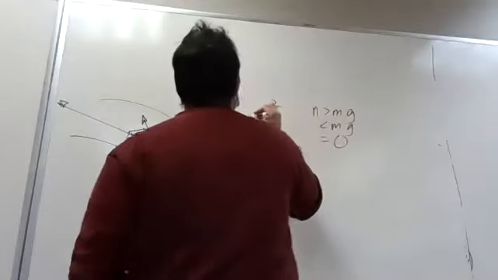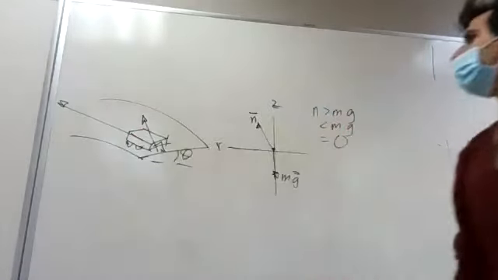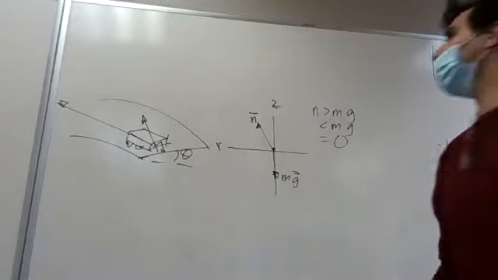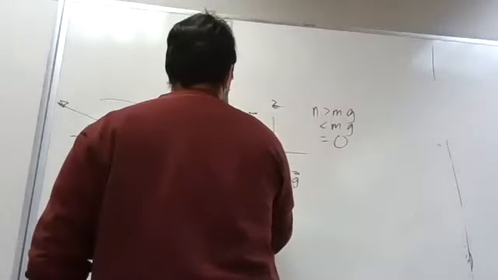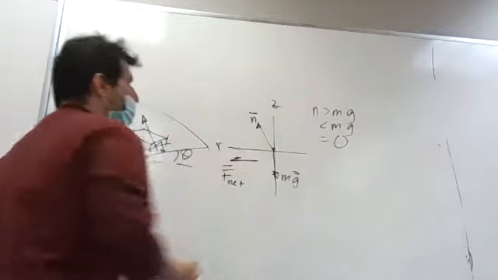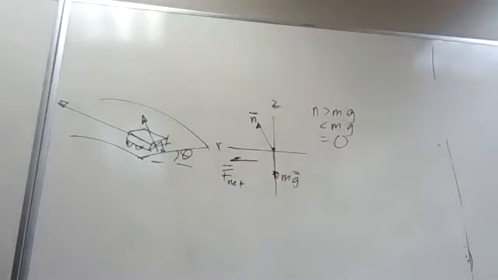Yeah, sorry, this is the normal force, right? Okay, so it's more towards R. It's actually in the R direction. All right, so we've got F net in that direction. But F net is perpendicular to mg. So what can you say about the components of N?